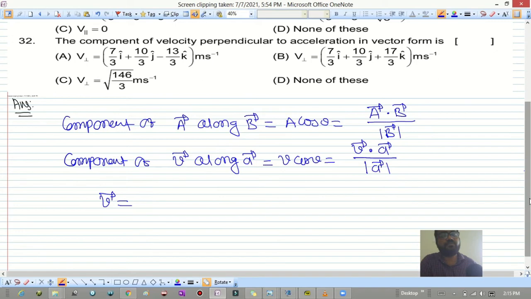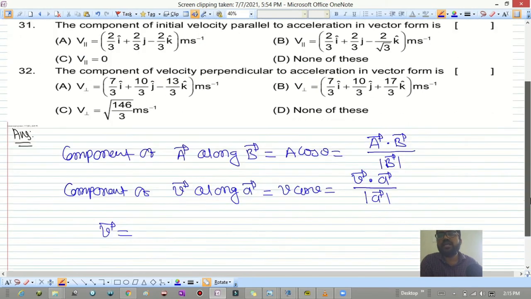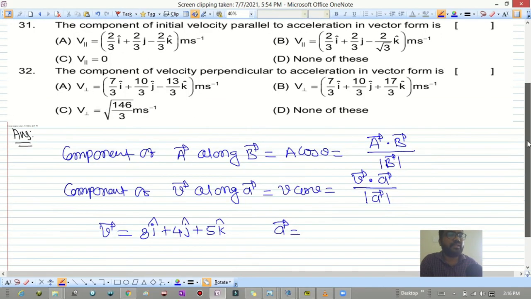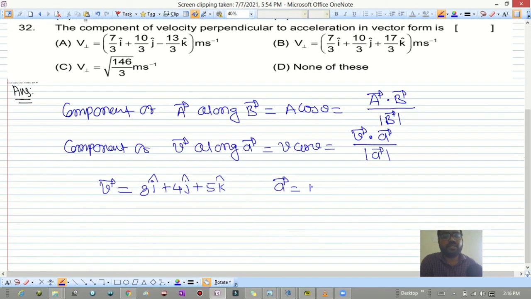Velocity is given, and that is 3i hat plus 4j hat plus 5k hat, and acceleration is given, and that is i hat plus j hat minus k hat.